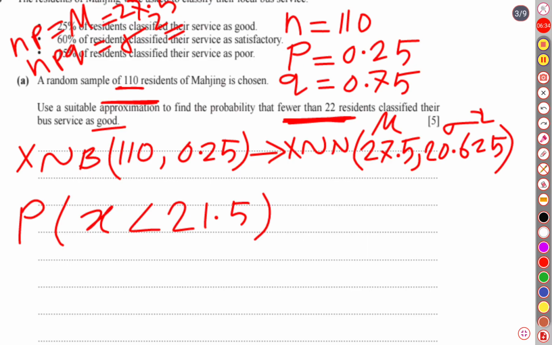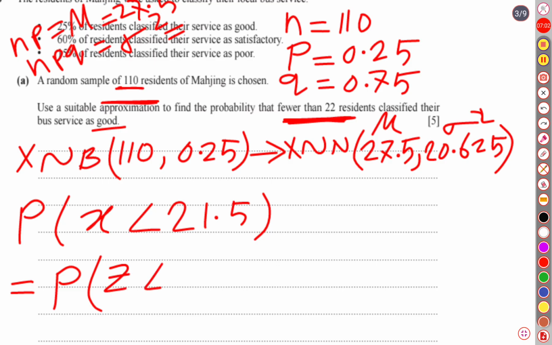As we are converting a distribution from binomial, a discrete random variable, to a continuous random variable, we will have to do the continuity correction. So less than 22 means 21.5. Then we will find the z-score of this.